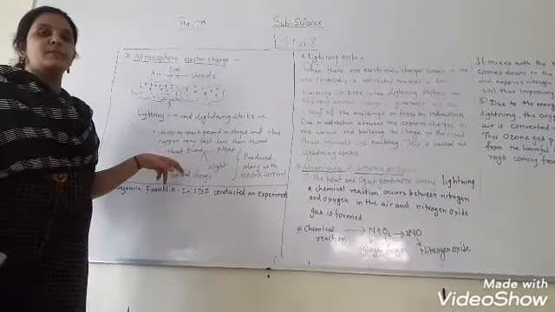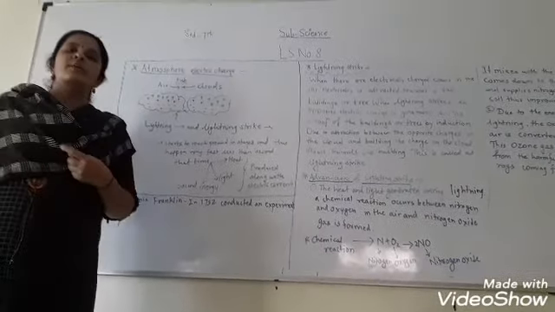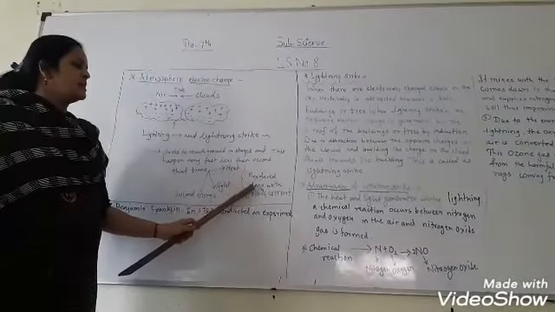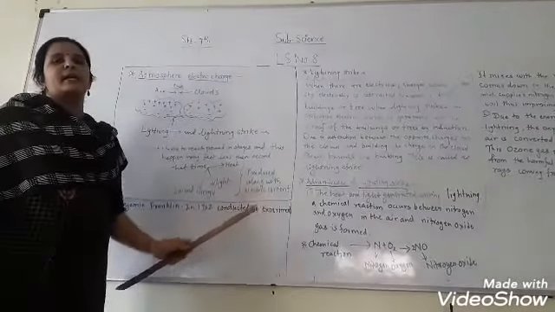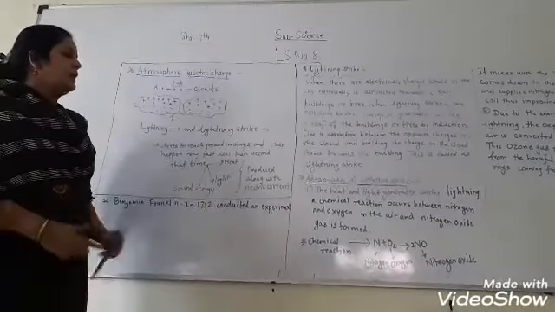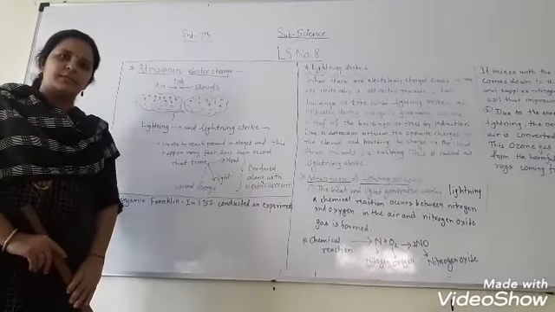When is this possible? When electrically charged clouds rub against the air. Is that clear? And here it is produced along with the electric current, and that is the reason for the generation of electrical current. Is that clear to you?